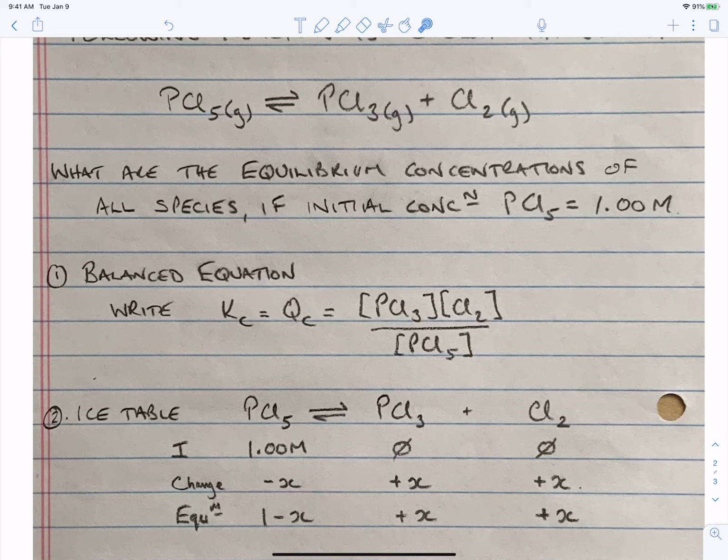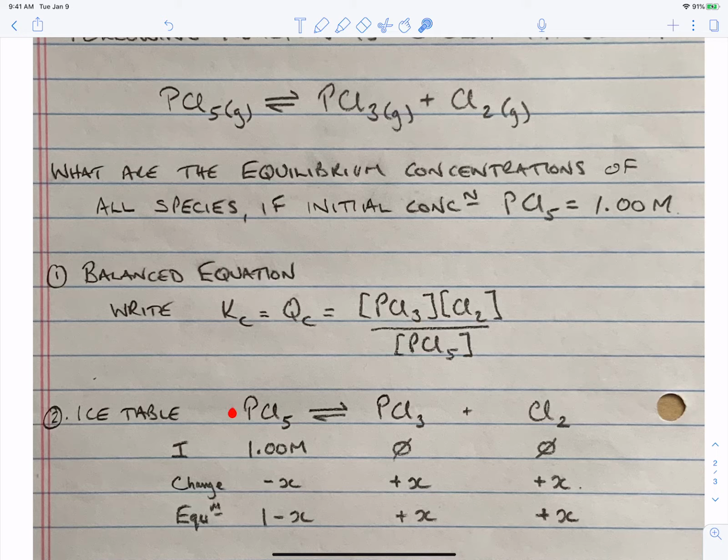The concentration is 0. And then there's some type of change before it reaches equilibrium, and that change we denote x, because x is a great variable. And we know that the initial value of PCl5 decreases, and so that's why we have minus x, because this decreases because it's a reactant, and at the same time you get an increase in both of the products. And how much increase? Well, stoichiometry tells us that.